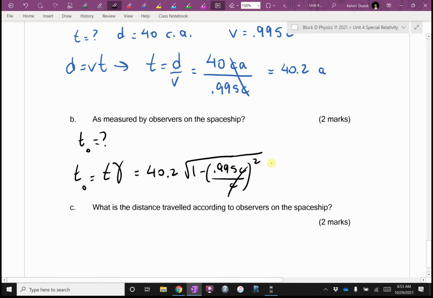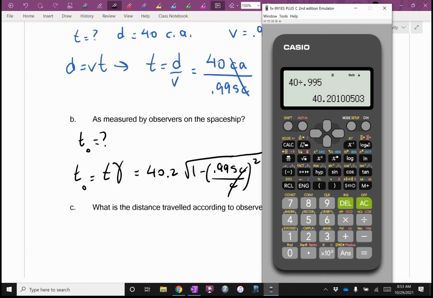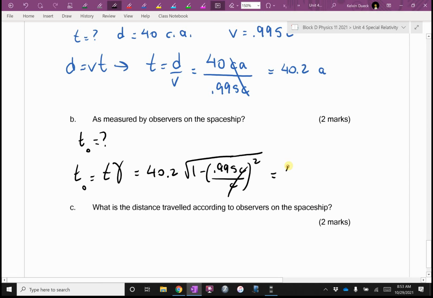So it's going to be answer button times the square root of bracket 1 minus 0.995 squared. As far as the spaceship is concerned, 4.015. I'll write 4.02, but I'll store this on my calculator. 4.015 I would take as well. A much shorter trip for them.